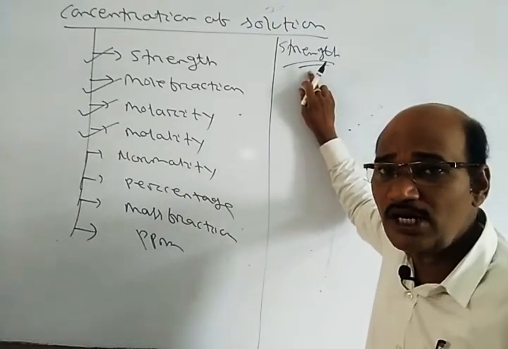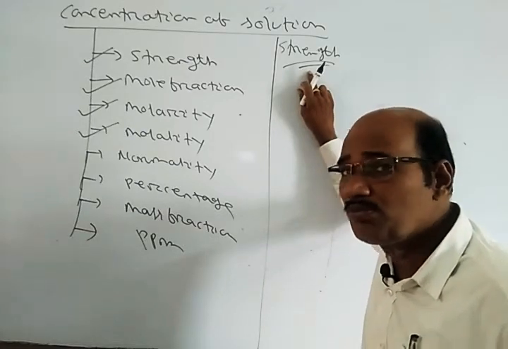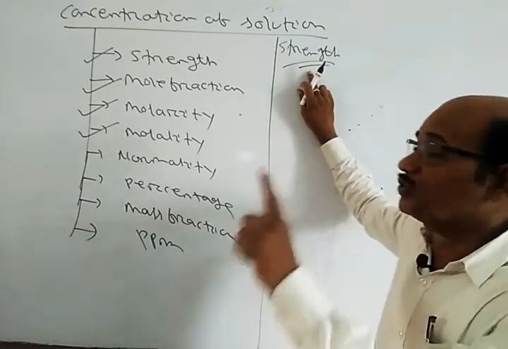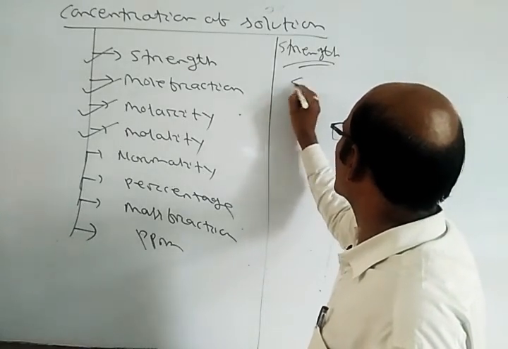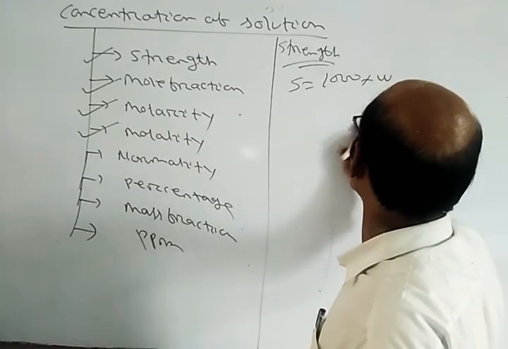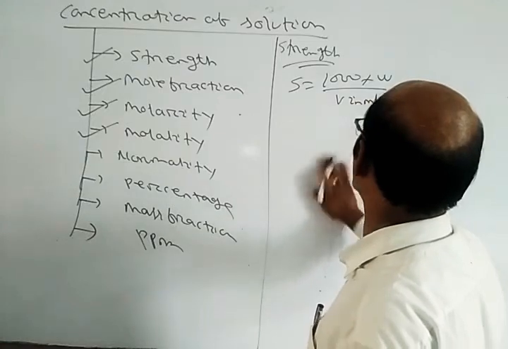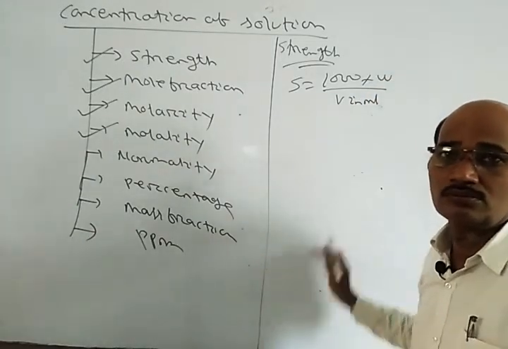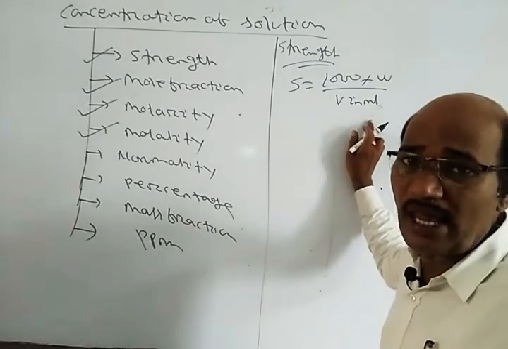Strength of a solution is the amount of solute in gram present per liter of the solution. Suppose so, your strength is equal to 1000 into W by V in ml. Okay, 1000 W by V in ml.